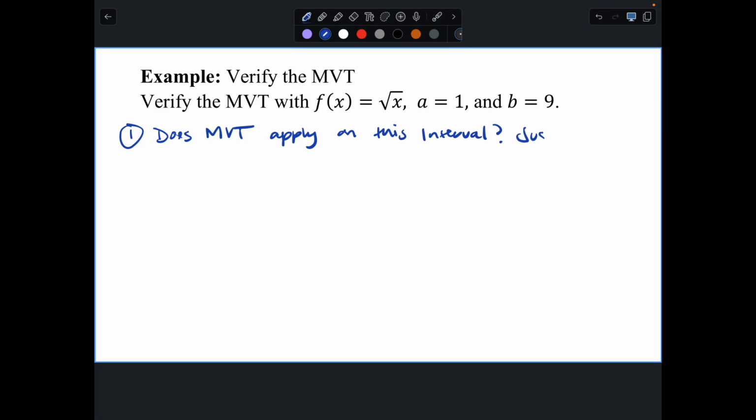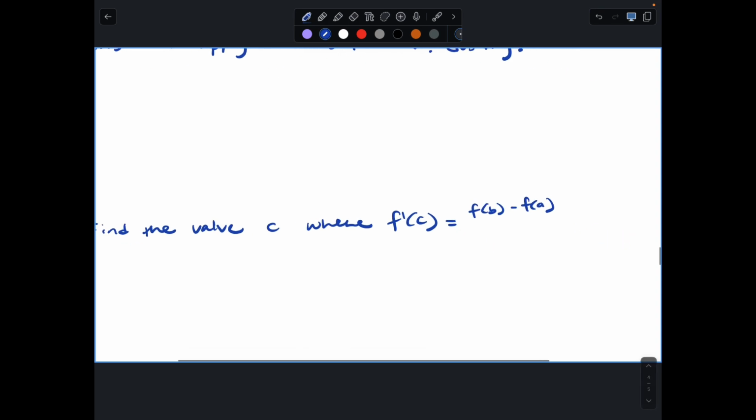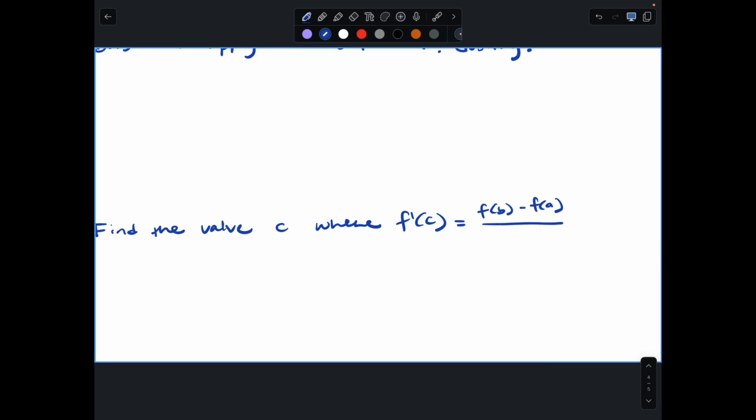And we're going to justify. And then if it does, we're going to find the value C where f prime of C would be equal to f of b minus f of a over b minus a.